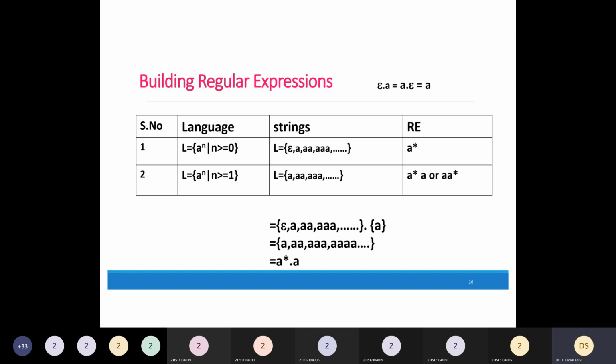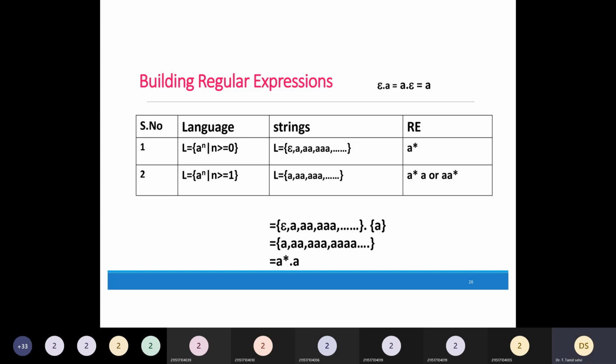The symbol is small a, and one or more occurrences means the initial value of n should be 1, whereas in the previous example the initial value of n was 0. So the strings for this language are a power 1, a power 2, a power 3, etc., a power n.